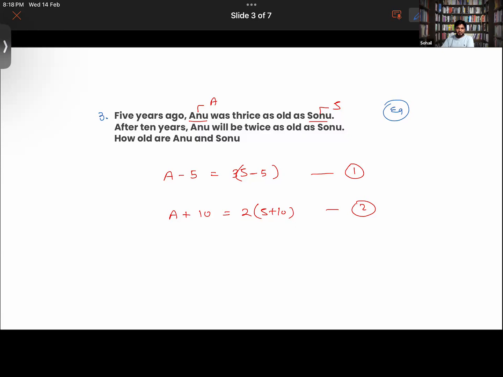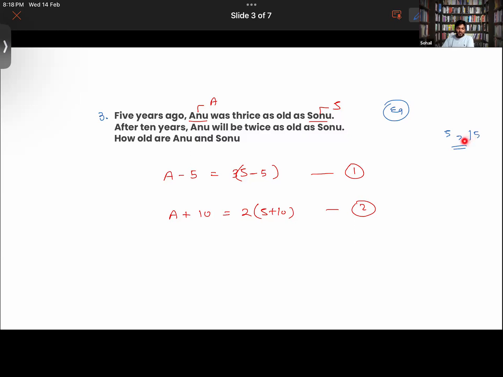No, no. If you look at the given question, does that satisfy it? You are getting the ages of Anu and Sonu as 5 and 15. You have found the ages of Anu and Sonu, right Arhan?